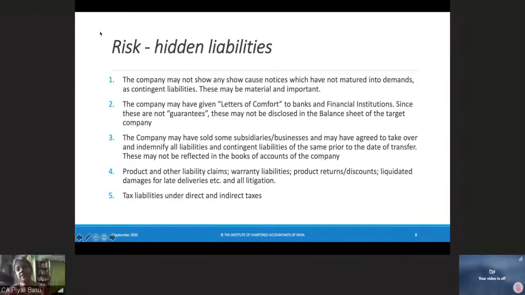This happened very recently in one of the board meetings we were doing virtually, and we had cases where the debtors balance was lying for more than 10 years. Some cases we identified, and we told the board that we suggest these things should be provided for and written off.